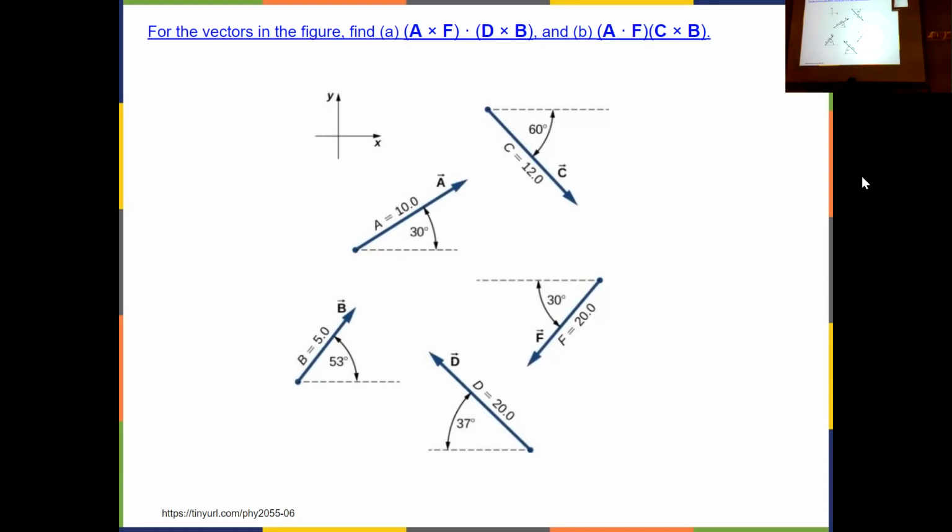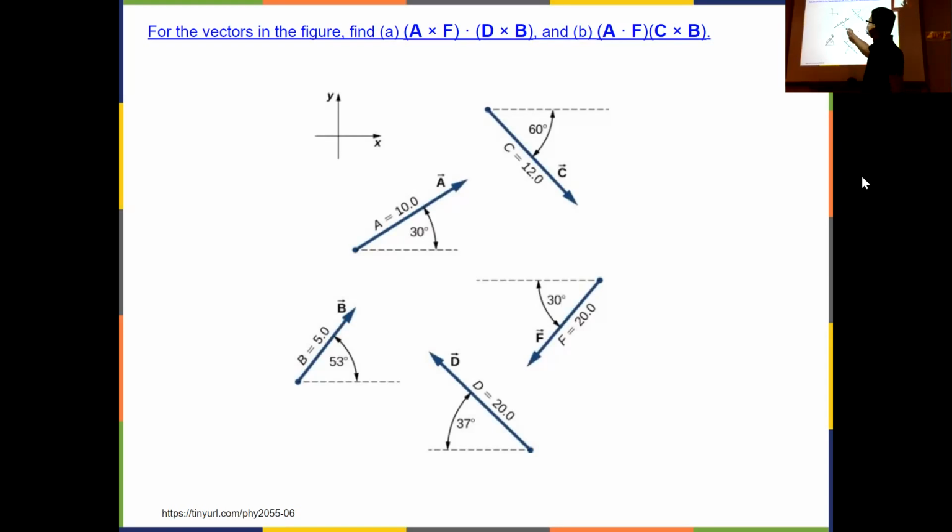Now if you do A cross F, that means you take the magnitude of A times the magnitude of F, and then times sine of the angle between the two. If they are opposite to each other, the angle is 180 degrees. If they are in the same direction, it is 0 degrees, opposite is 180 degrees.